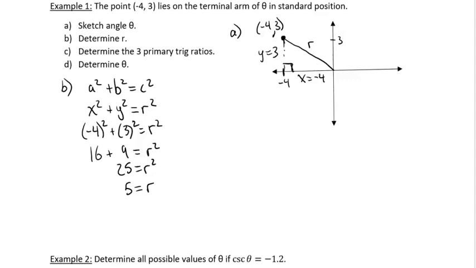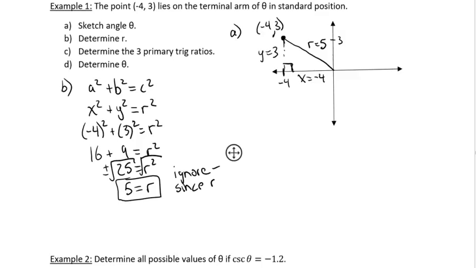And that's what we do when we take the square root. We always take the positive and negative square root. But because it's the r value, it can only ever be positive because it's the length of the terminal arm. And a length of the terminal arm is only ever positive. So we ignore the negative in this case.